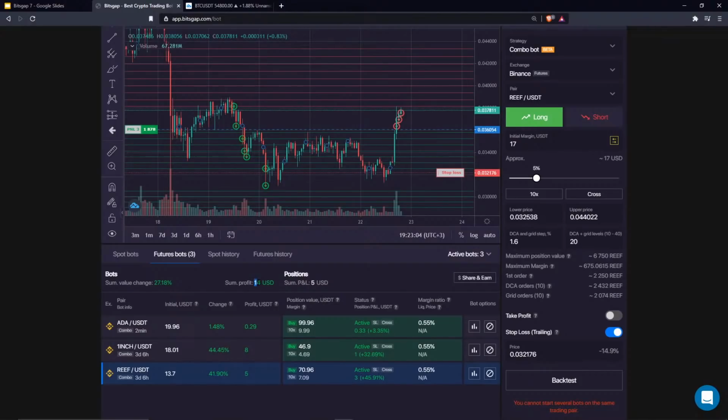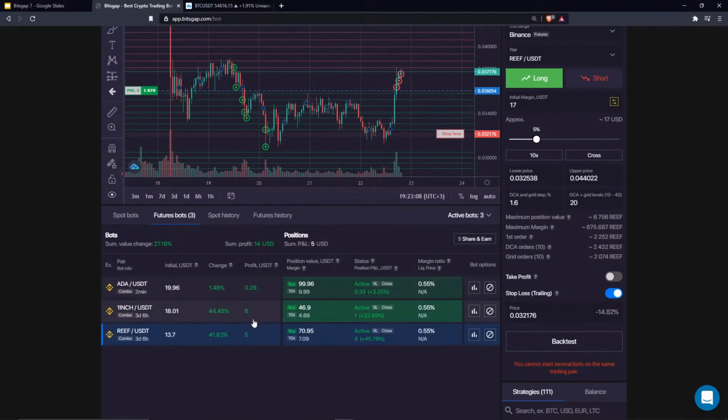Okay, so a portion of this $14 has been already generated by the bot, and you see this on your balance, whereas the rest is 5, which is still pending. So this is the pending return. If I close right now all these trades, this is the total return generated by all of these bots in total.